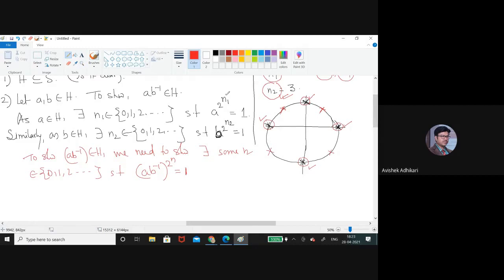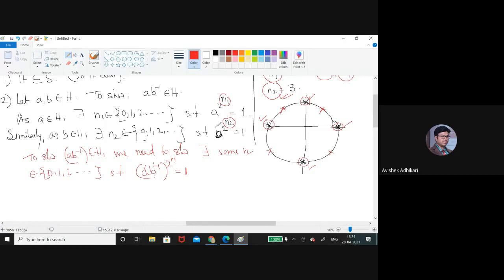So you have already n1 and n2. Now, for example, I have taken this. In that case, A could be of these 4 points, and if n2 equal to 3, then the 8 points will be this. Now you take any two elements, A and then B inverse. Suppose you have taken A from here, and for B, when we are considering B, note that my n2 is more, right?